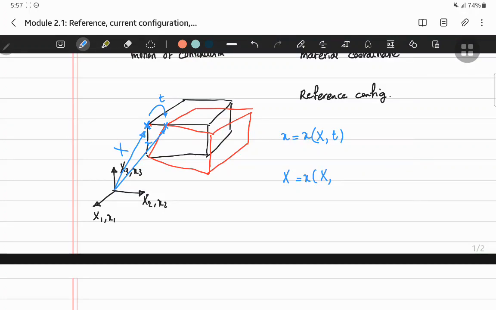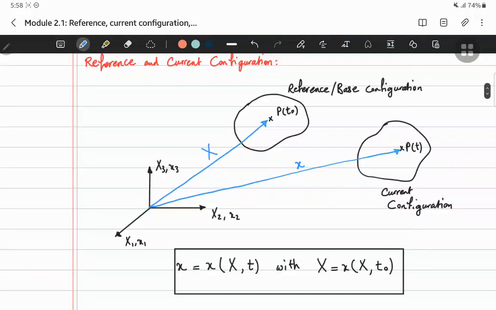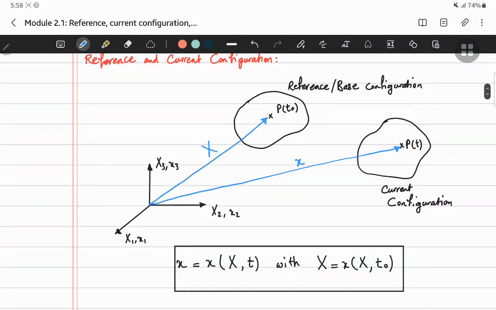So it has an x1, x2, and x3 coordinate. So this is the initial, at time t equal to 0. This is all about this whole picture, or this is a schematic.